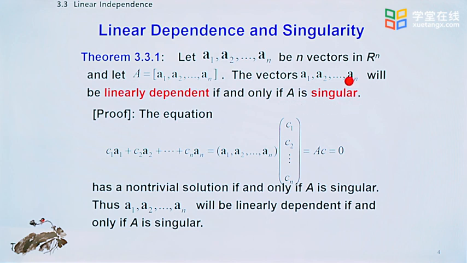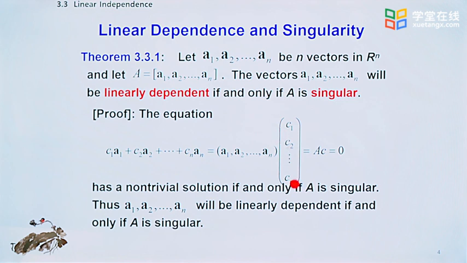We prove this. Okay, this equation C1 times A1, the first column, plus C2 times the second column A2, plus till plus Cn times the last column An. You can write this linear combination as this matrix A times a column vector C1, C2 till Cn.